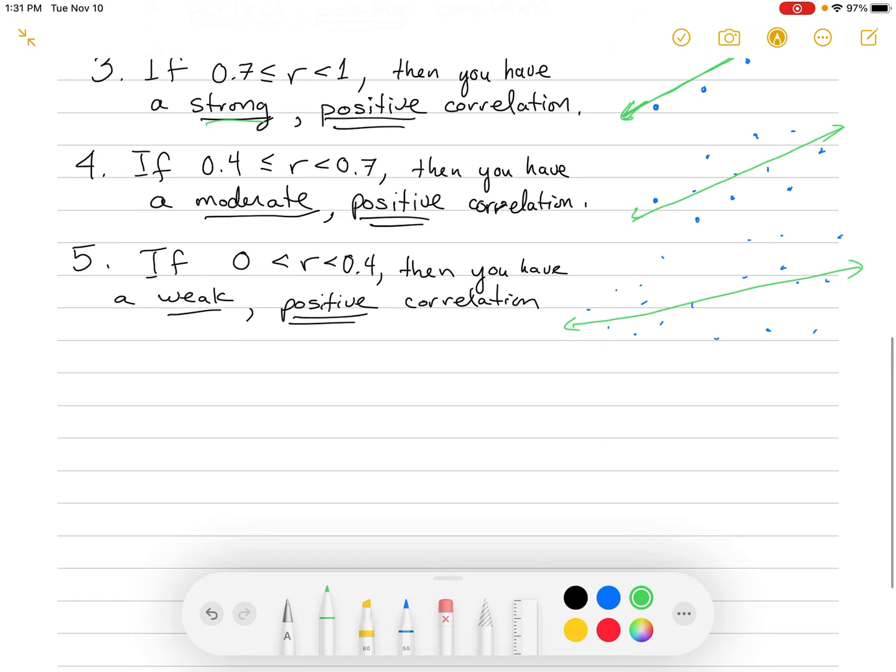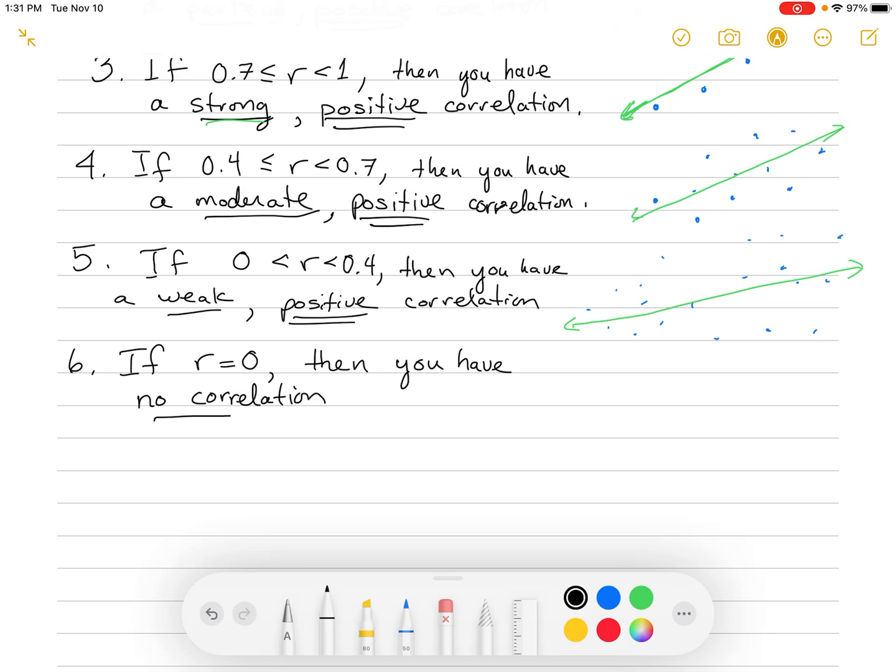Okay, what happens if R is 0? If you have a correlation coefficient of 0, if R equals 0, then you have no correlation. That means the points could be all over the place.